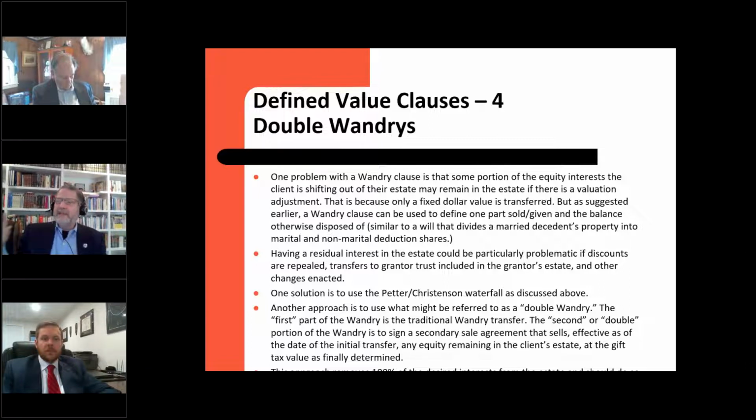So if I sell $50 million worth of an LLC to a trust, and it turns out I think it's 40% of the LLC, and the IRS comes in and says, no, your cap weight was all wrong. It's not 40 million, it's only 20 million. I'm left with 20% of that LLC still in my name, but I wanted to get it out of my name. One of the reasons I want to get it out of my name is I don't want a Powell issue.